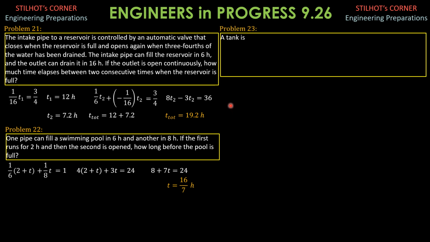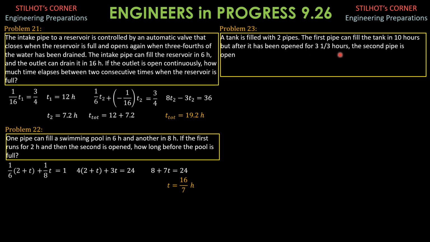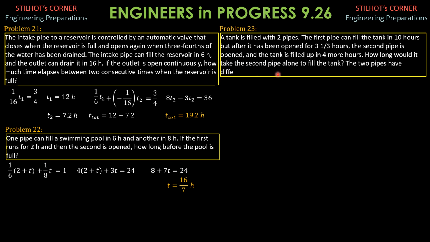Problem 23. A tank is filled with two pipes. The first pipe can fill the tank in 10 hours, but after it has been opened for 3 and 1/3 hours, the second pipe is opened and the tank is filled up in 4 more hours. How long would it take the second pipe alone to fill the tank?